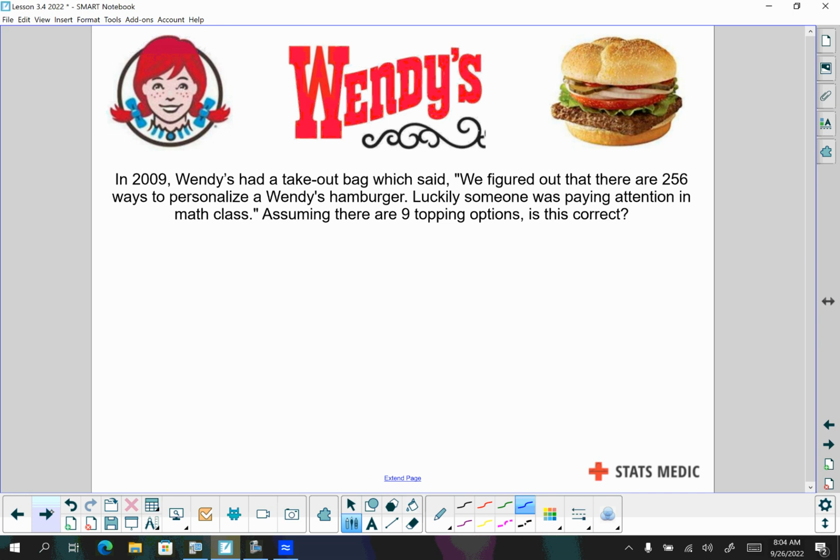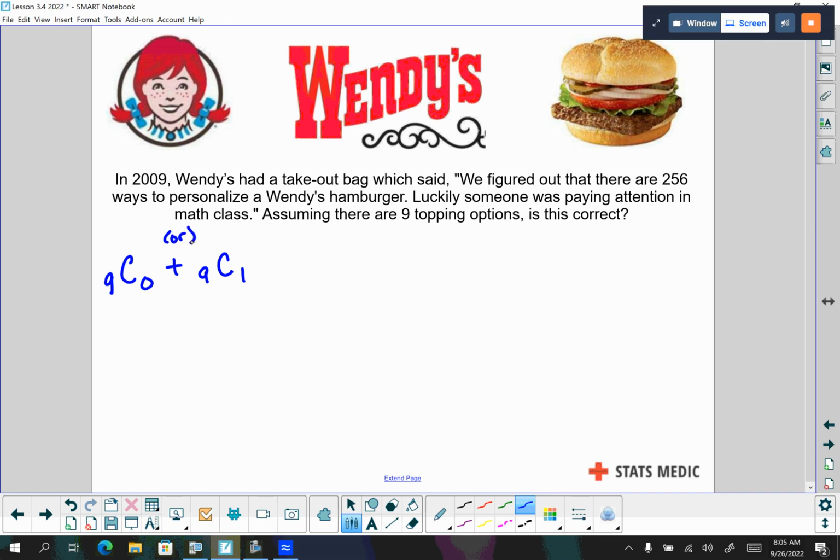The difference here is we're going to have a lot of combinations that we're putting together. We need to consider all the different number of toppings that we can select. I can have 9 toppings and choose none of them if I choose to. Or I can have 9 toppings and choose 1, okay? Remember the word or, we add.